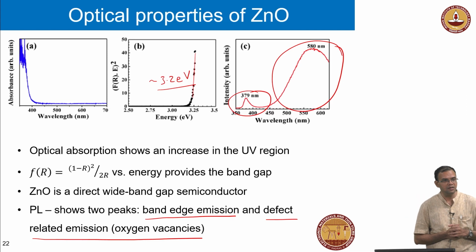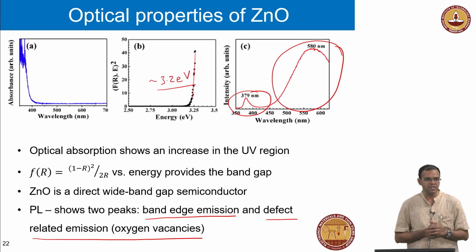In Raman spectroscopy, how is it possible to find out the defects? So usually you look at the Raman peaks. Of course, any defects in Raman spectroscopy have to be Raman active. What we normally do is look at the peaks, and there is enough literature, especially related to zinc oxide, that says these lines correspond to these particular phonons, and these phonons would get modified because of the presence of defects.